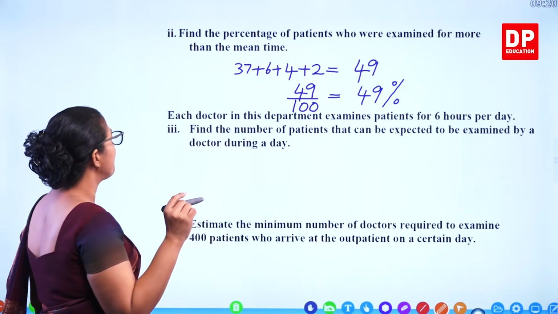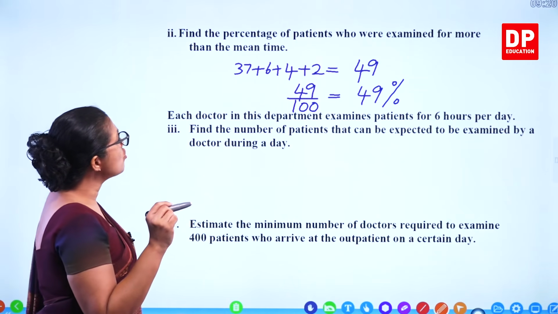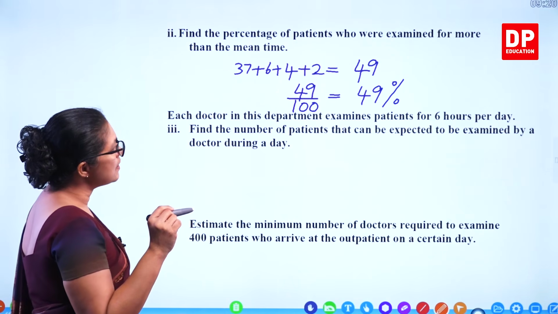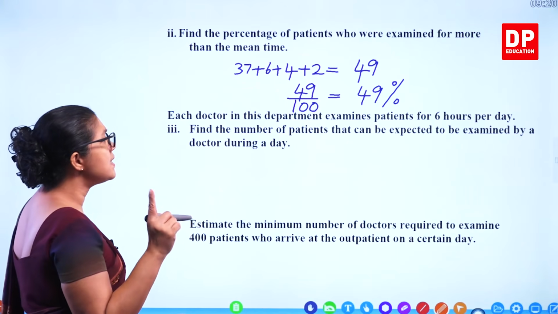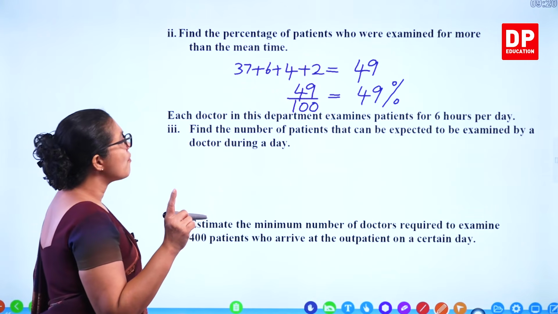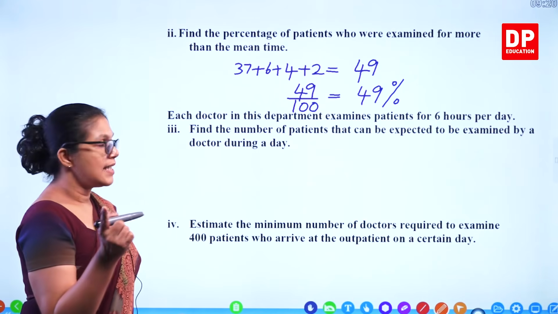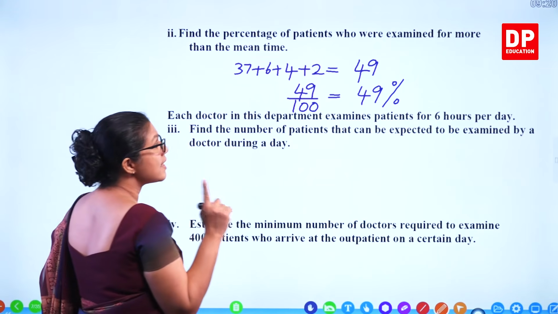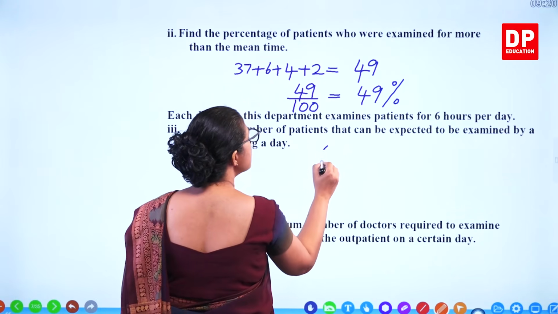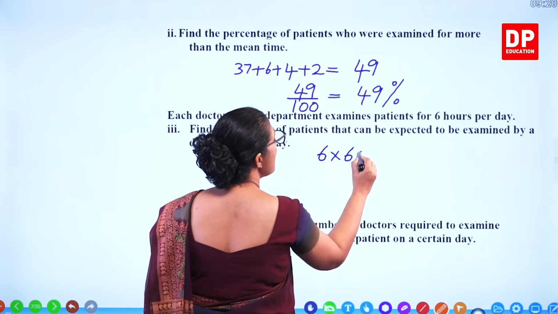That's the answer. Then it says each doctor in this department examines patients for 6 hours per day. Find the number of patients that can be examined by a doctor during a day. So 6 hours, first convert to minutes. 6 times 60 minutes.